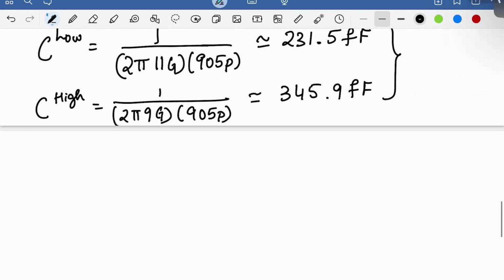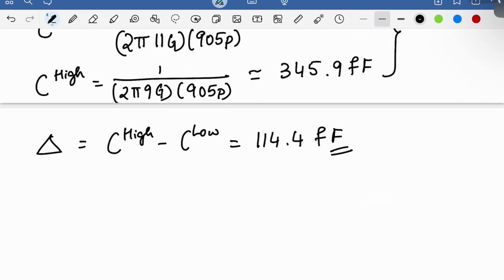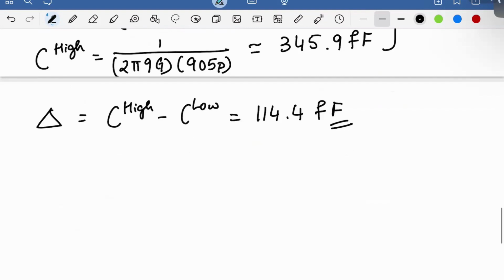All right. So delta C, which is the total capacitance range that we need, is C high minus C low. And this is about 114.4 femtofarad, right? Okay, so the next question is, how many discrete levels do you want?